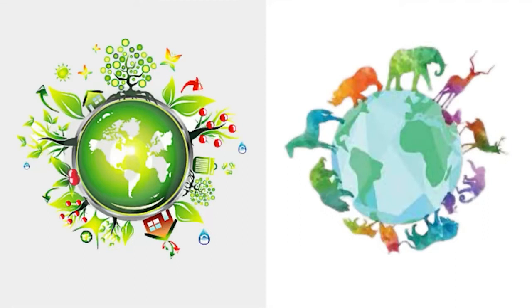So on this earth, on this planet, what brings all life? What do we really need in our life? Not only humans, but also animals and plants. It is oxygen.